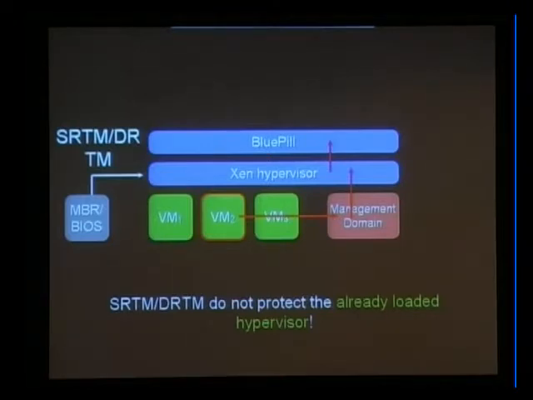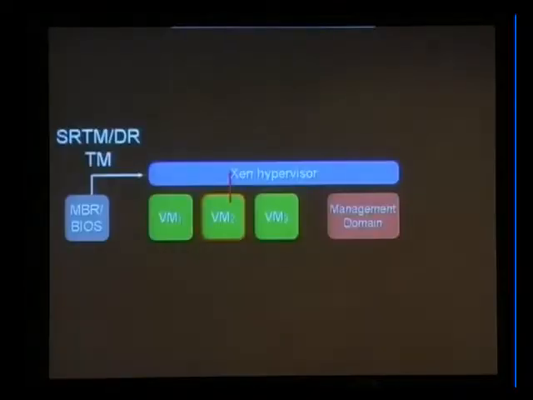we can escape from one of the Xen hypervisor guests to its management domain, and then from the management domain obtain the privileges of the hypervisor. Or we can escape directly to the Xen hypervisor if we have some really interesting vulnerabilities inside.